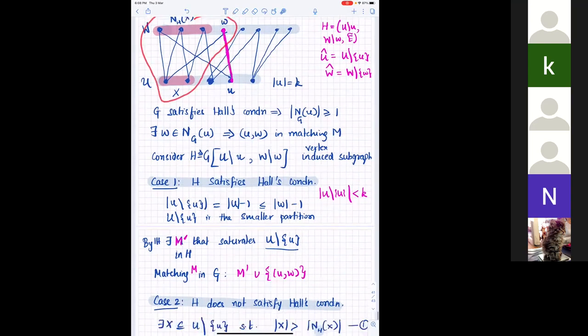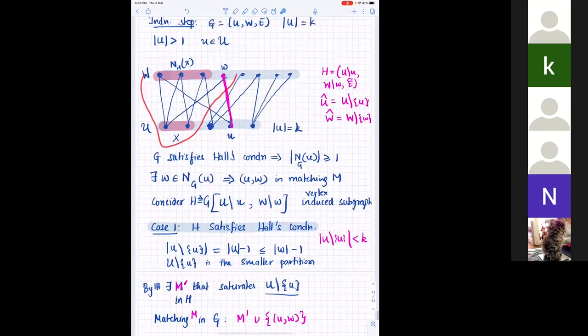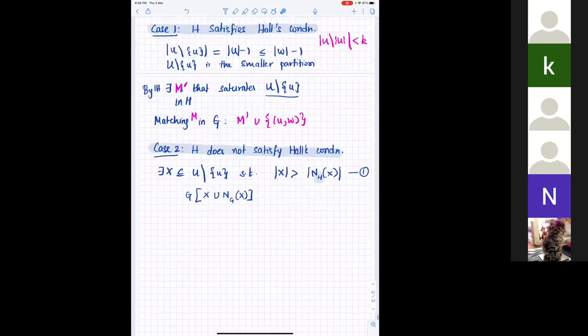We are looking at the neighborhood in G, so this person will also come. We are just trying to see what was in G. G satisfied Hall's condition, but now suddenly H does not satisfy Hall's condition. So this guy is somewhat the troublemaker. There are some troublemakers we have to deal with. So we're going to look at this graph.